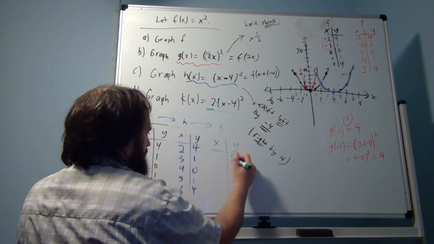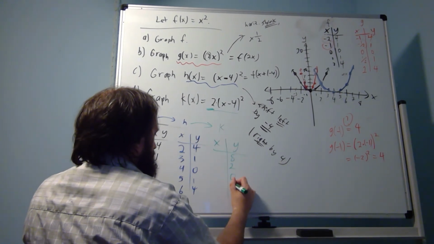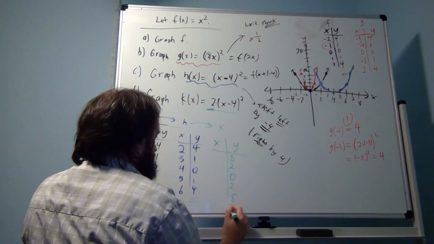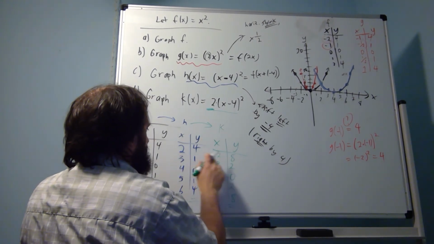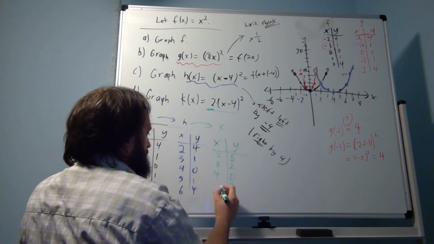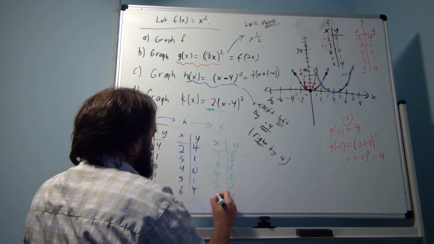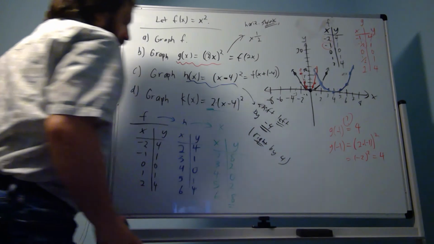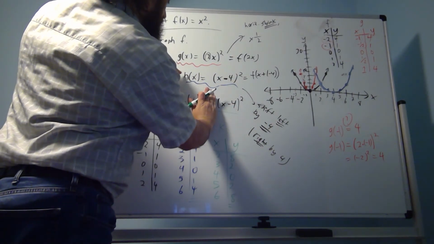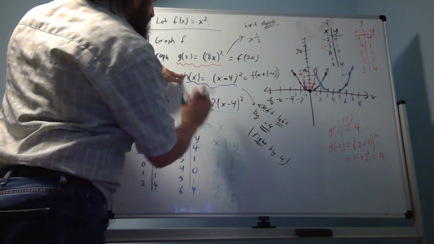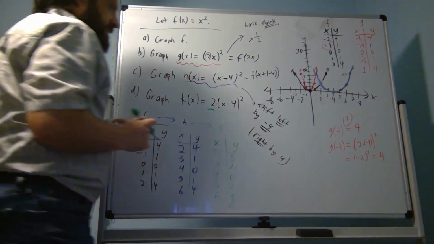You're multiplying the y's by 2. But this is a Y transformation, so these X's are the same as the previous step. So it looks like that. Here, that's h of x, but then we take h of x and we multiply the y values by 2.